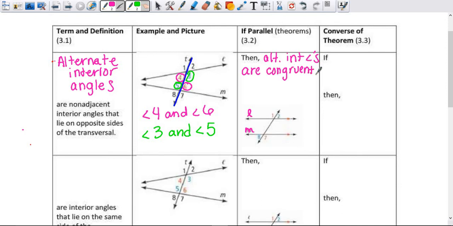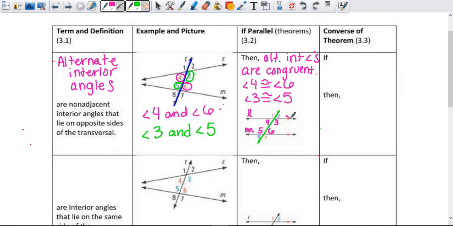So if the two lines are parallel, remember this is our transversal, then I can say we would have, let me draw these in, 3, 4, 5, and 6 again. All right, so then we would know that angle 4 was congruent to angle 6 because we showed that those were alternate interiors. And then angle 3 is congruent to angle 5 because they're alternate interior angles.